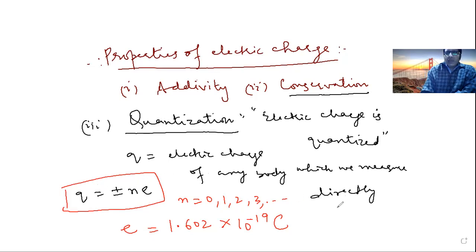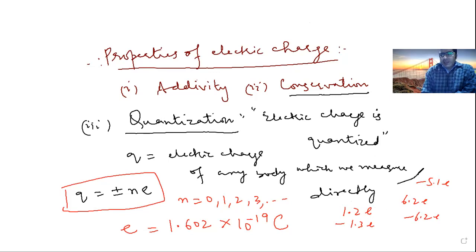It cannot have a charge in between. That means it cannot have a charge 1.2 E, minus 1.3 E, 6.2 E, minus 6.2 E, minus 5.1 E. These things are not possible.